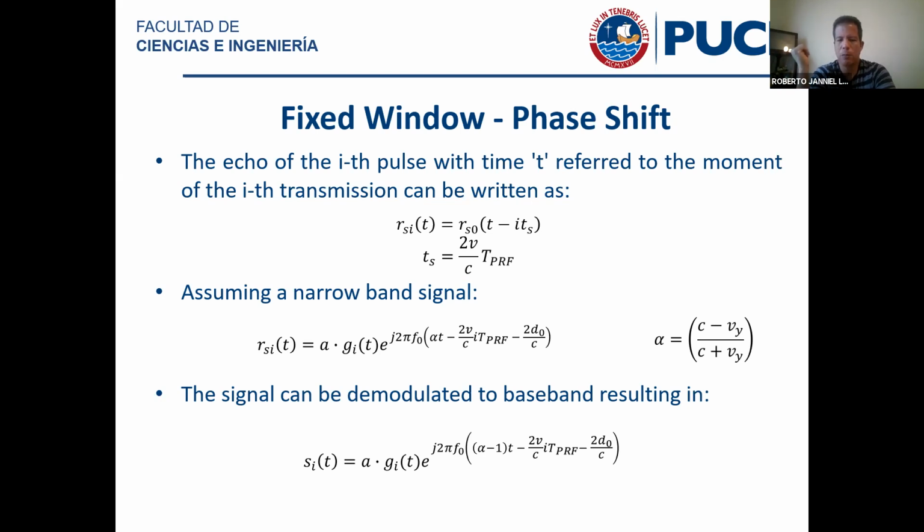Now you have the second component, which is 2 pi f naught times 2 times v divided by c times i times the PRF. That's not the delay. Correct.